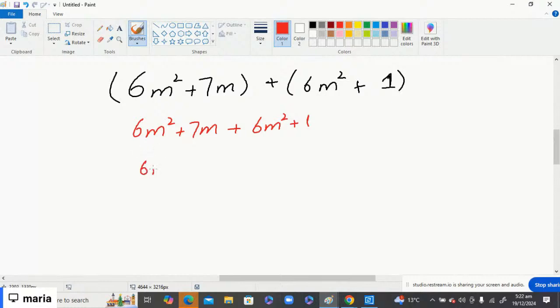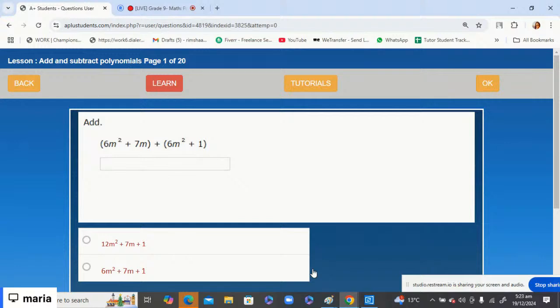Combine the 6m squares. 6m square plus 6m square. Okay, 7m as it is, plus 1 as it is. Now 6 plus 6 is 12m square plus 7m plus 1. So here it's 12m square plus 7m plus 1.